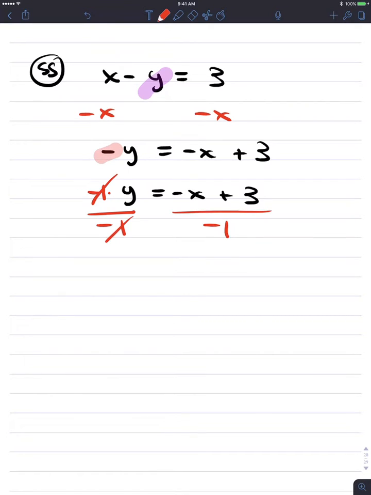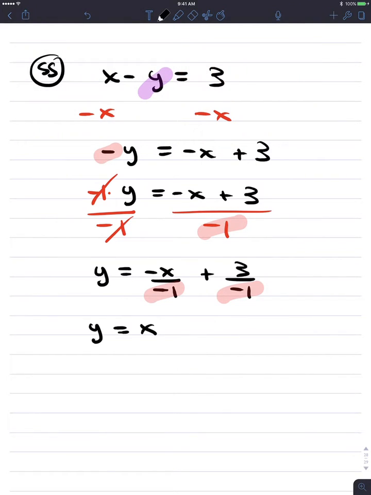I get cancellation on the left. We obtain y equals negative x over negative 1 plus 3 over negative 1. Notice negative 1 is dividing both terms. Now, negative divided by a negative is positive. Positive divided by a negative is negative. y is x minus 3.